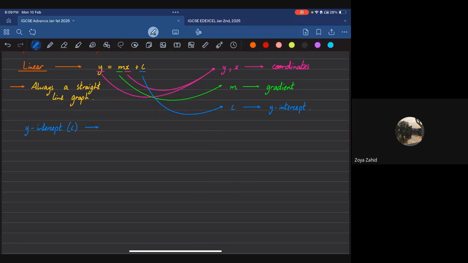So the y-intercept is as simple as it sounds: it's the point on the y-axis where the graph cuts, or intersects, the y-axis.